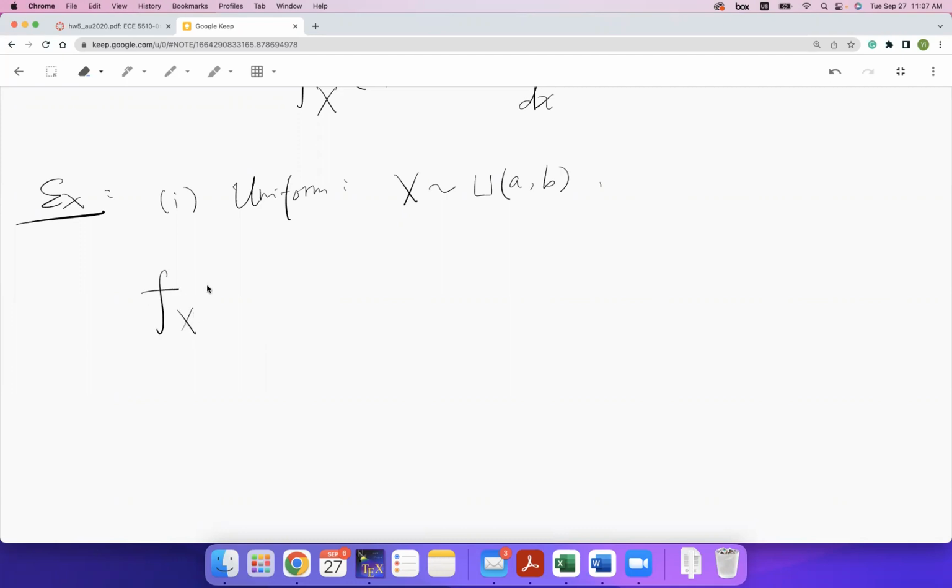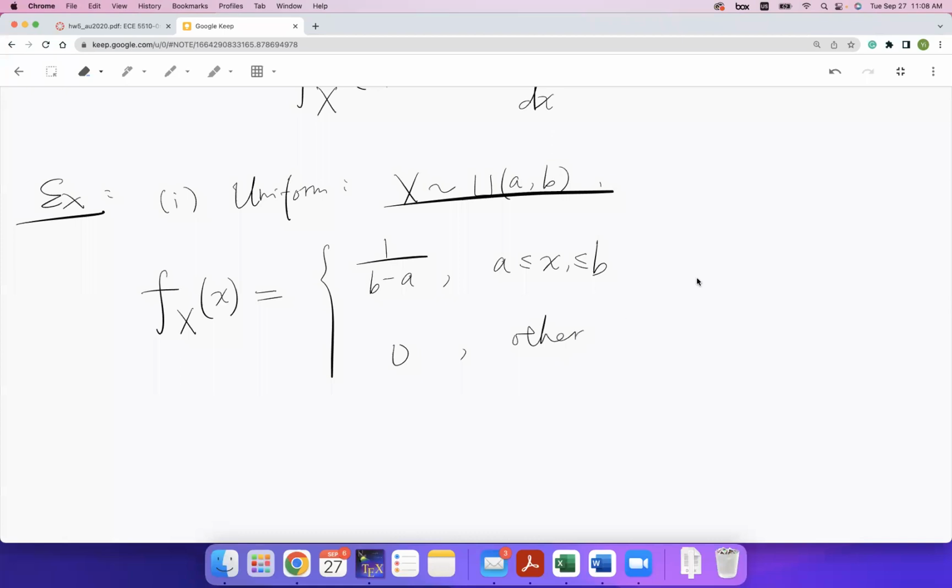This defines that the PDF of this random variable is given by a constant over the interval A to B. If I sketch this PDF, suppose this is A and B, so this would be the PDF of this random variable.